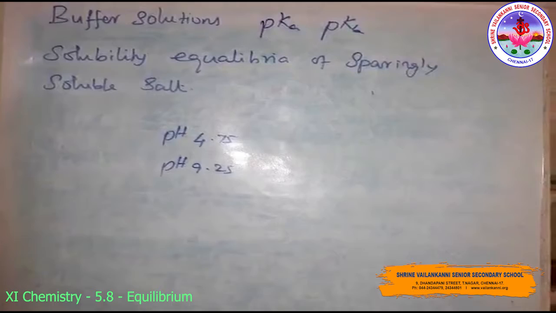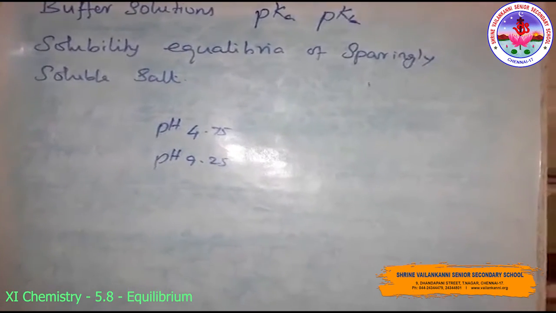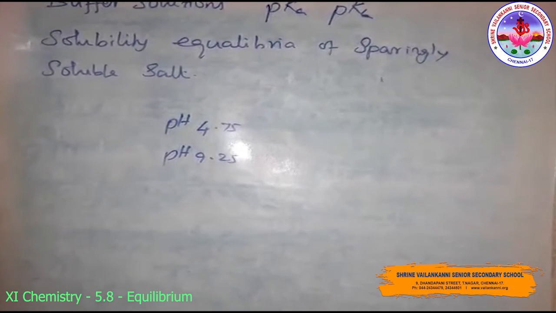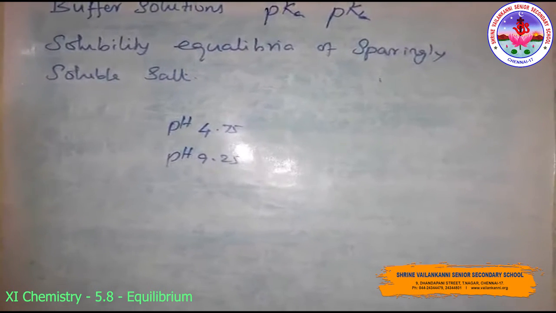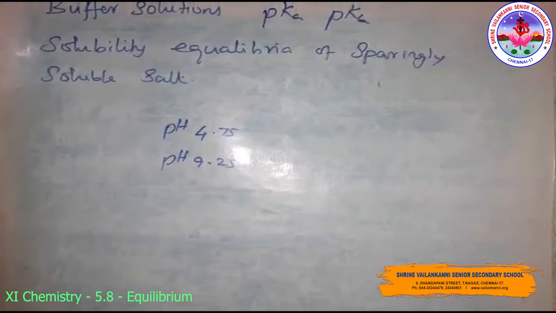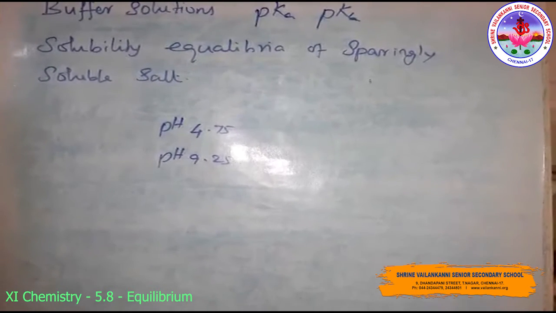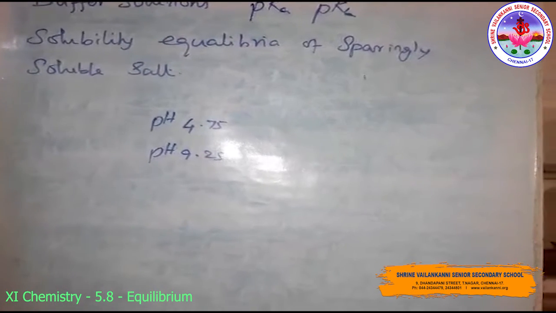Then, the solubility equilibria of sparingly soluble salts. We already know that the solubility of ionic solids in water varies a great deal. Some of these, like calcium chloride, are soluble and hygroscopic in nature, and even absorb water vapor from the atmosphere.